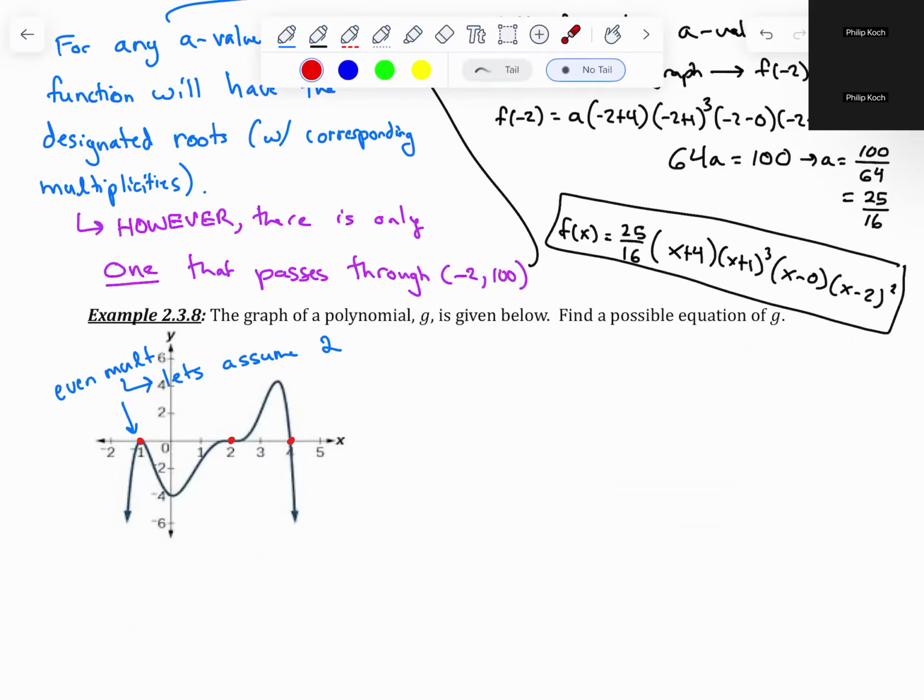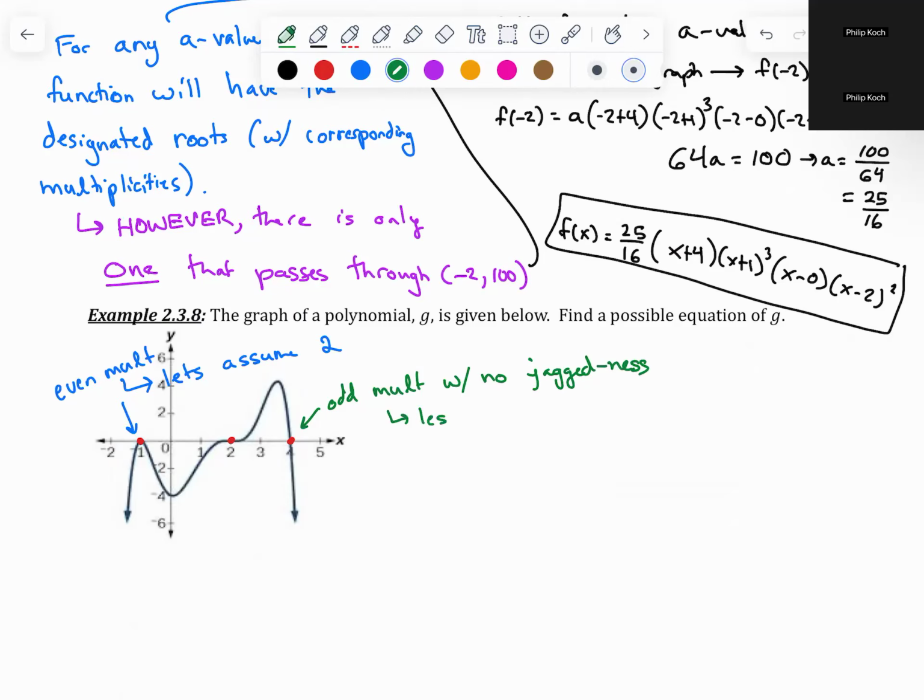They're both odd. Let's assume that for 4, we've seen it before, whenever it's a straight line through, it's a multiplicity of 1. So this one, odd multiplicity with no jaggedness. Let's assume 1.